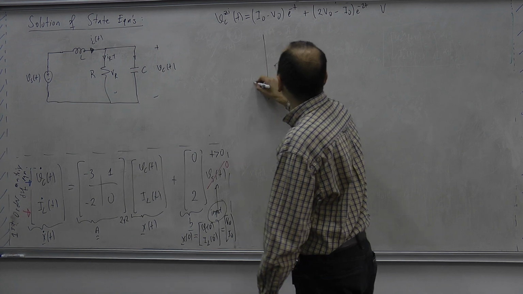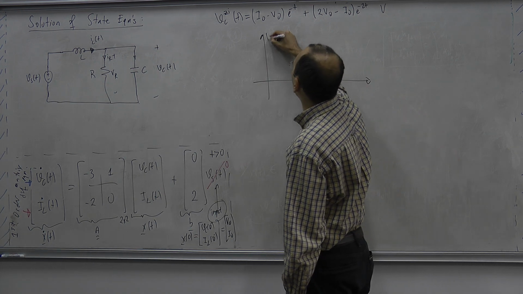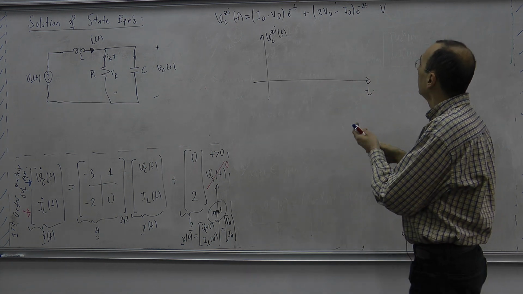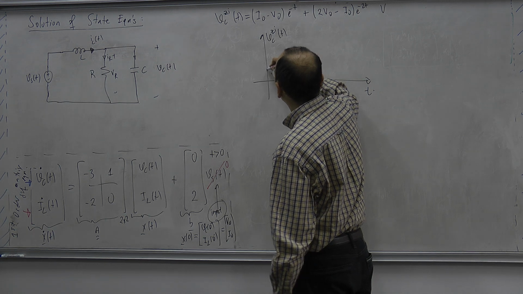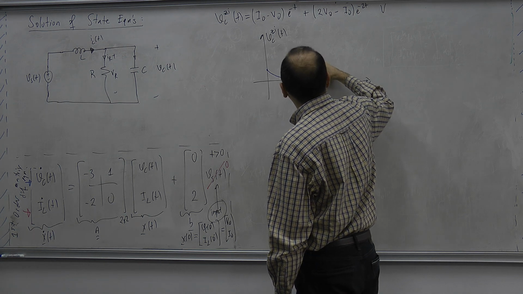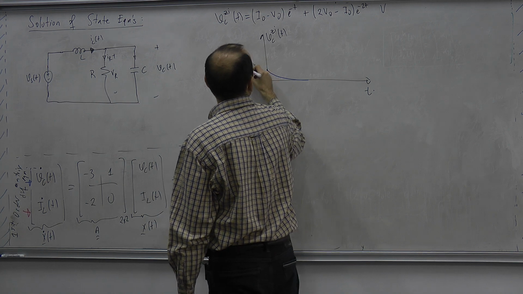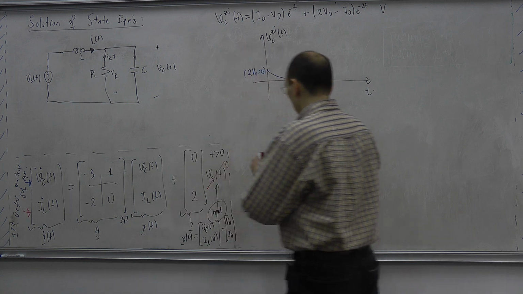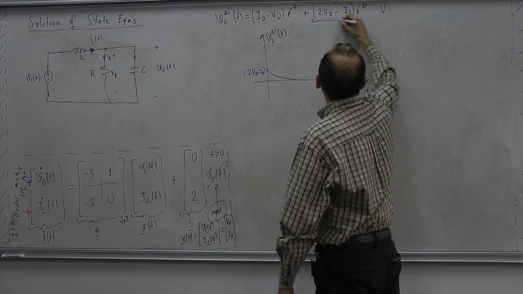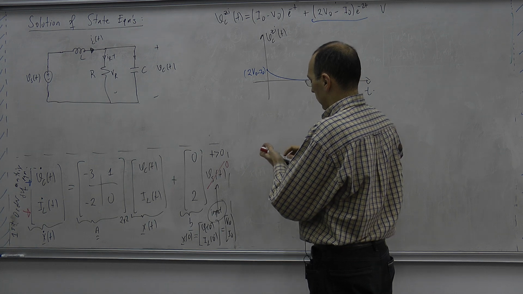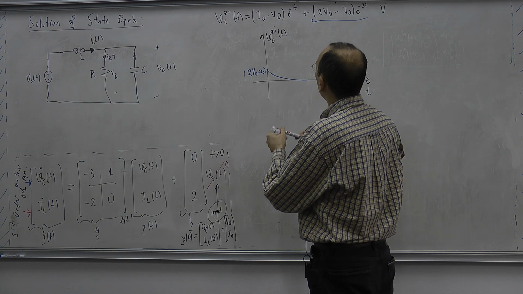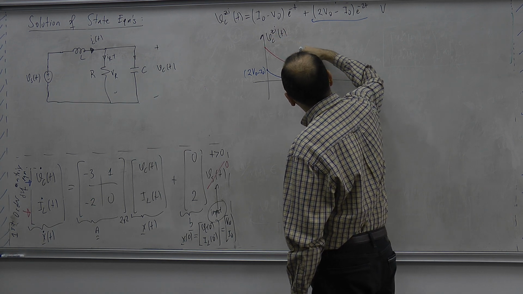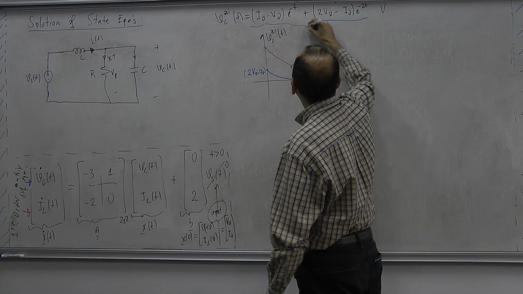So let me try to sketch this a little bit. Now, let's say that one of them is doing something like that. It starts from here, and this is the blue one. The other one is, let's say, the red one.